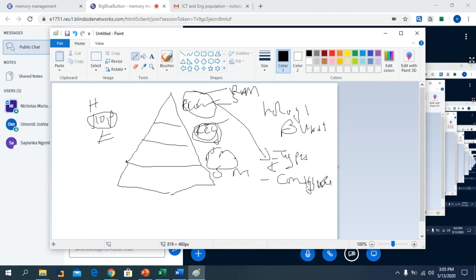When you talk about cache configuration, we talk about direct mapping. Then we have associative memory, and we have full associative memory.